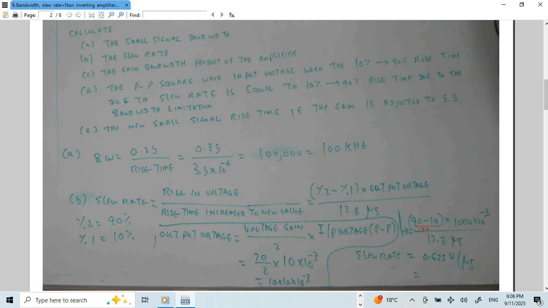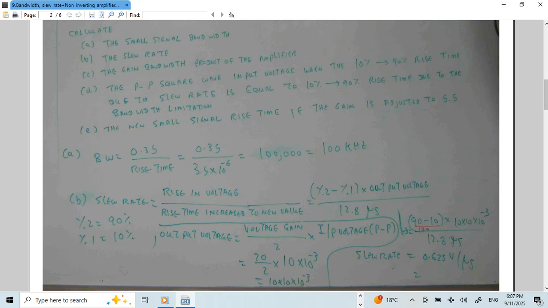Another thing we also have to calculate is the slew rate. To calculate the slew rate, the equation is the rise in voltage divided by the rise time increased to the new value.